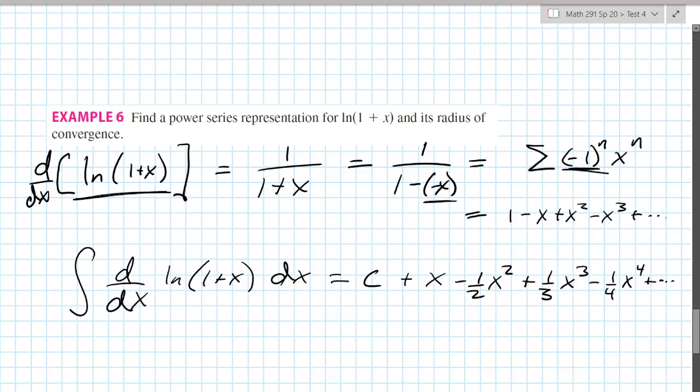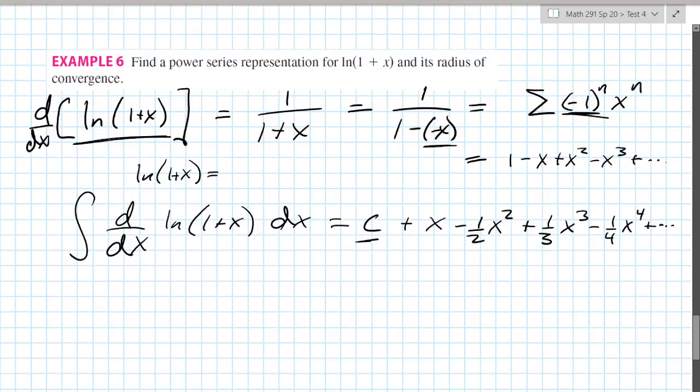So there we have a power series representation for the ln of 1 plus x, almost. We've got an alternating sum here, but there's a C, and I don't really care about C. So what I'd like to do is figure out what C equals.